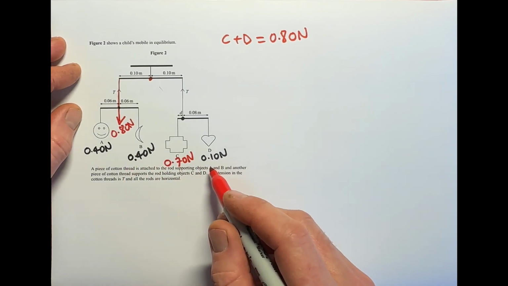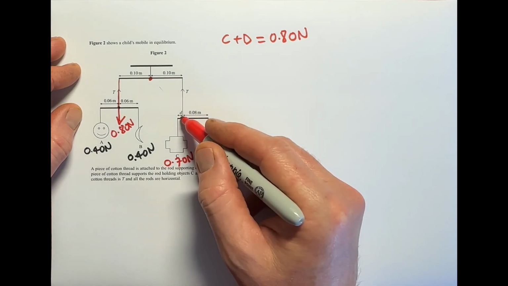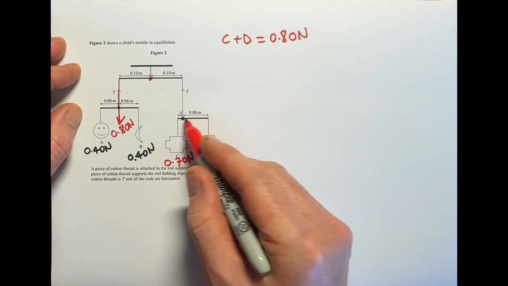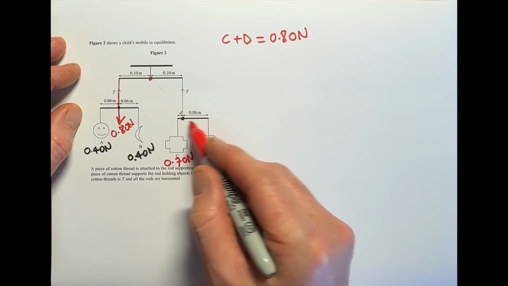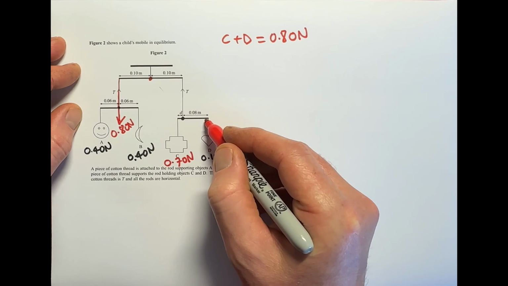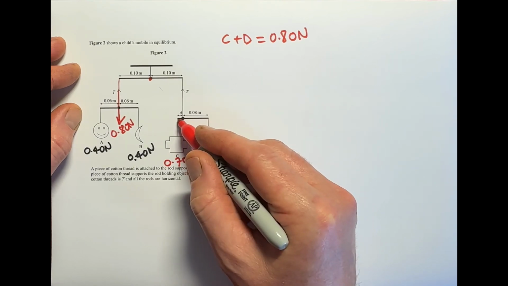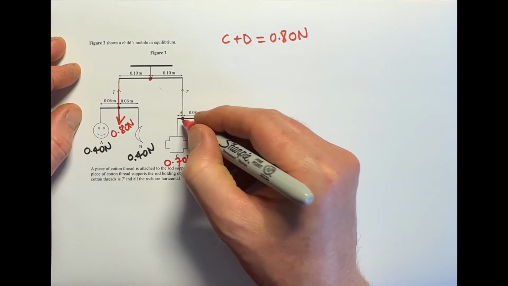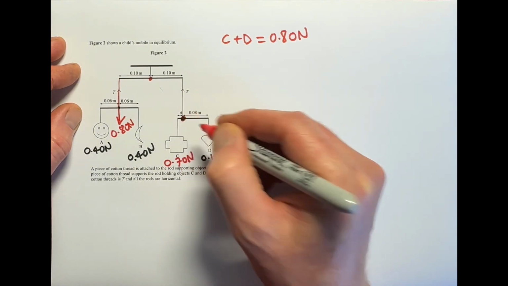The next thing we're going to do is work out this distance D. Now, we're assuming this thing's not pivoting at all, it's nice and straight here. What that means is that the anti-clockwise moment and the clockwise moment must be equal, and we're now taking this as our pivot point.